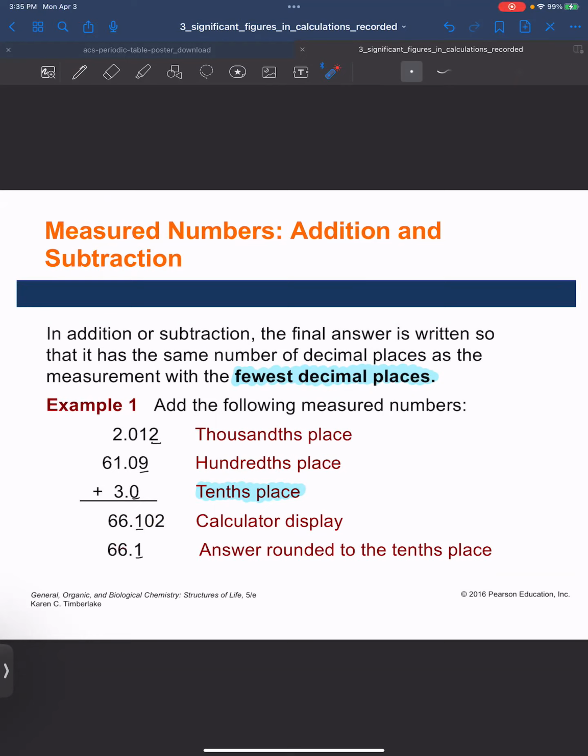So the final answer here is 66.1. So once again, the rules for addition and subtraction are different than the rules for multiplication and division. For addition and subtraction, we report the final answer to the fewest decimal places.